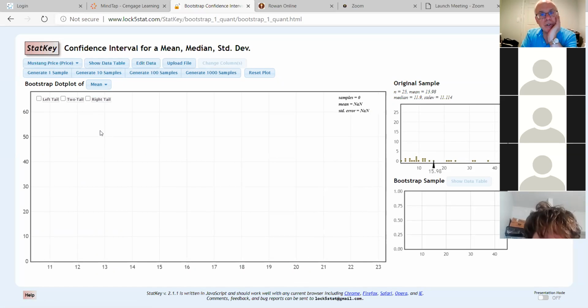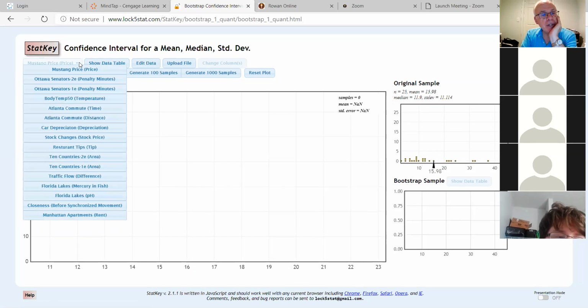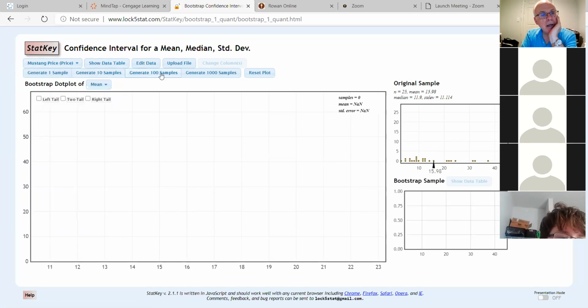To do this particular sample, in this case we have to choose one of the data sets given in StatKey, or we can upload a file.